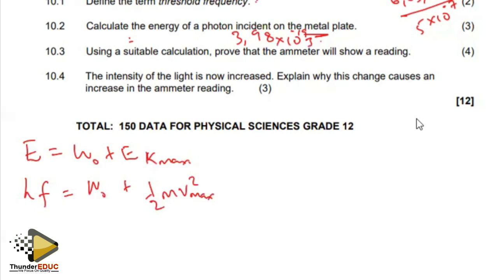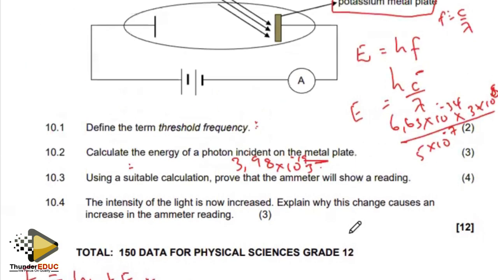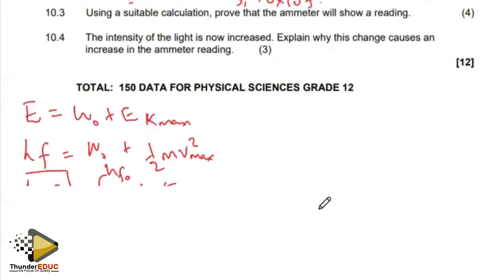So then I don't have frequency, so it's hc over lambda again is equal to my work function plus EK max. And then I'll do my substitution. We know that this work function is the same as h multiplied by f naught. So Planck's constant and this whole thing, isn't this what we just looked for? The energy of a photon incident. Yes, that's what we got.